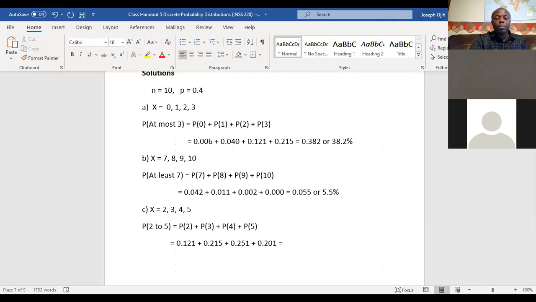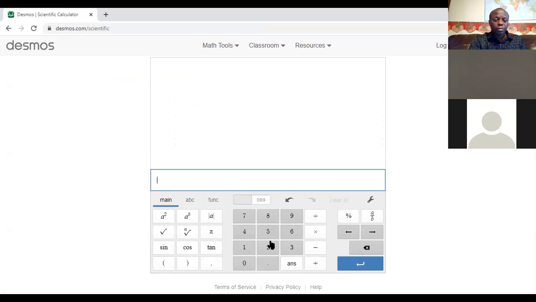We can now add them up using the calculator. 0.121 plus 0.215 plus 0.251 plus 0.201.